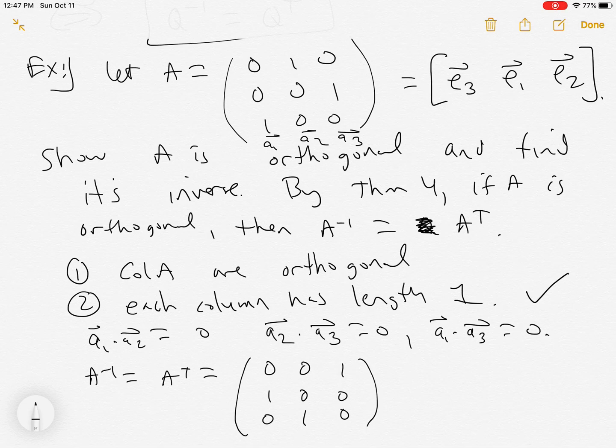And so that's A transpose, and that equals A inverse by the theorem above.